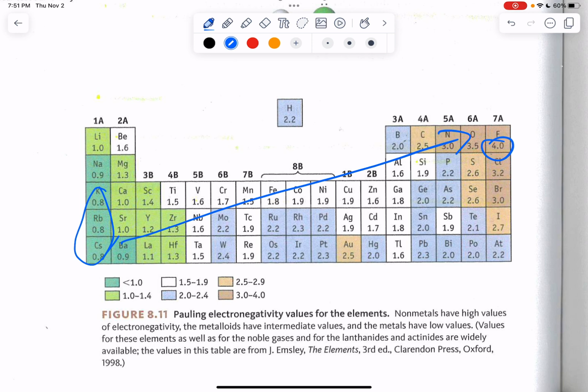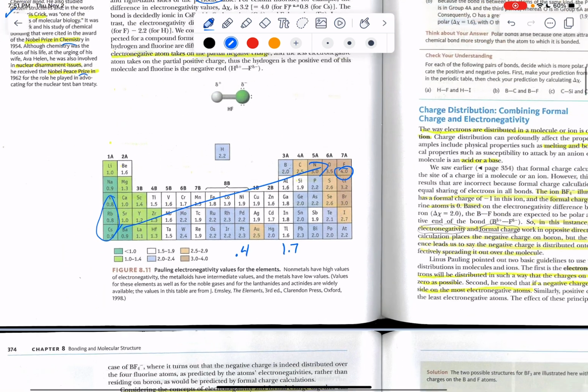So you pick any 2 atoms you want, and you find the difference between them in order to determine the electronegativity difference. Then once you have that electronegativity difference, somewhere around 0.4, it goes from being nonpolar to polar covalent. Somewhere around 1.7 or so, it begins to go from being polar covalent to extremely polar covalent, which we call ionic.